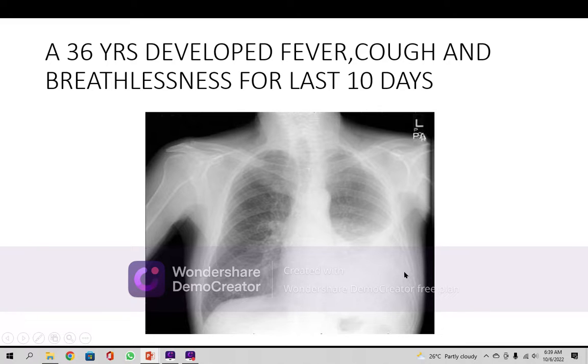That is, protein levels higher than 2.5 gram, LDH levels more than two-thirds of the upper normal, etc. It consists of very low glucose and is a purulent type of pleural effusion, empyema thoracis.